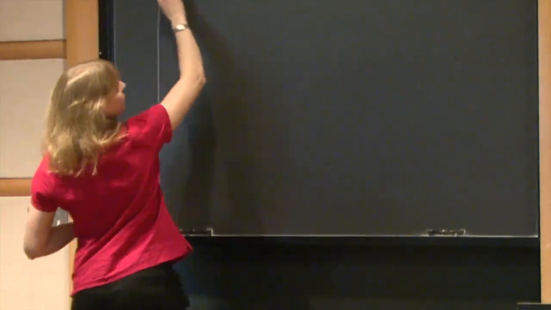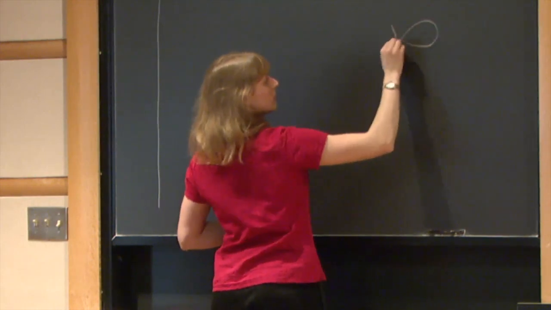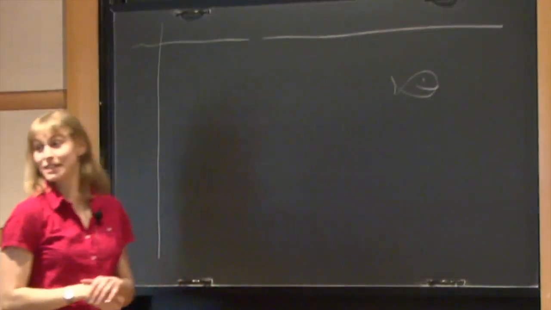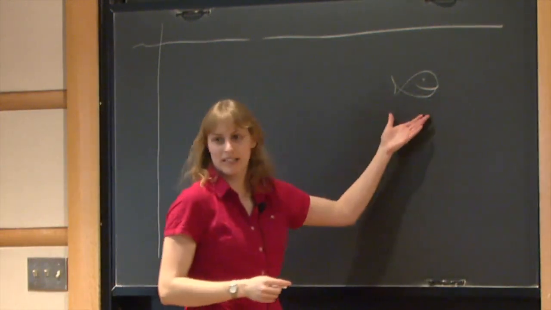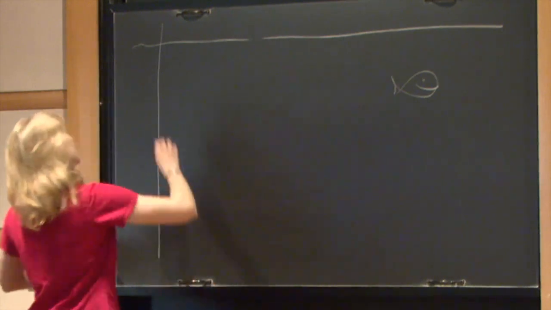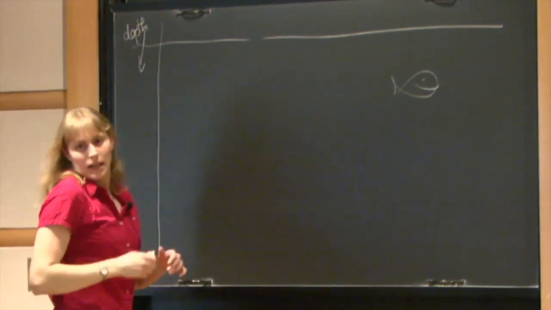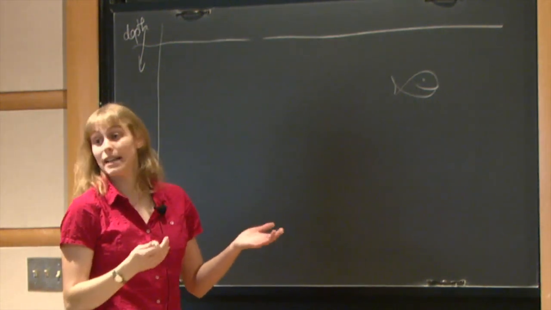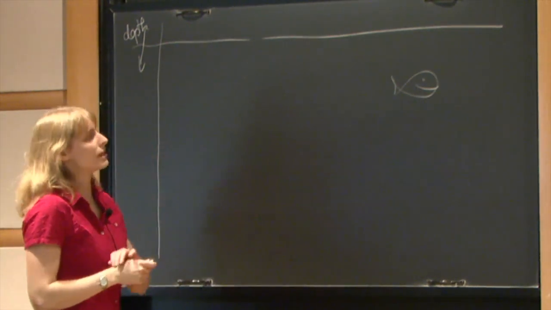So let's imagine we have the ocean here, and then we have some fish swimming in there. These are the representations. What Moy and Prasad did is say, give me a representation, and I tell you how deep in the ocean it is. So the depth, I want to denote in this direction. The depth is a non-negative real number, so 0 or a positive real number.